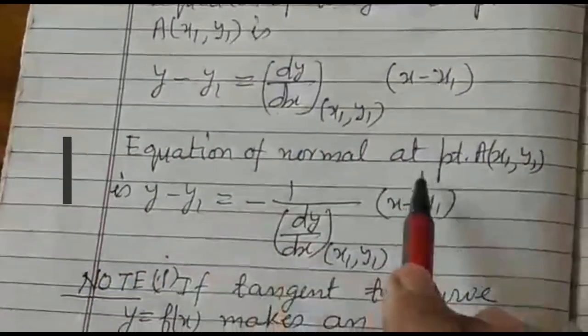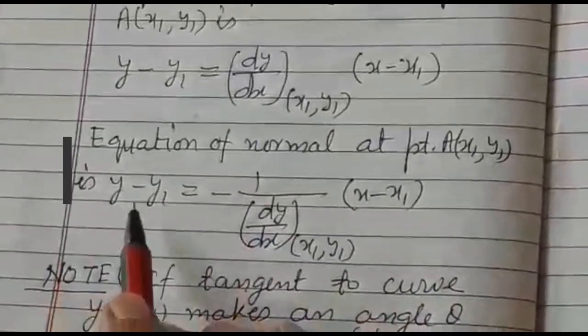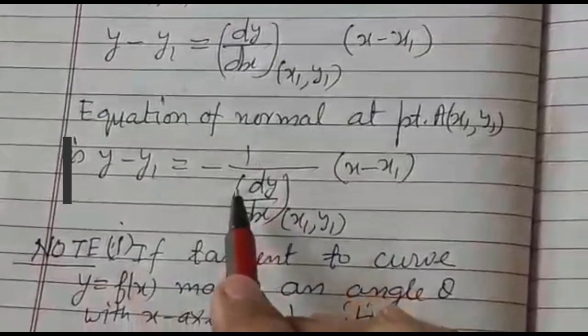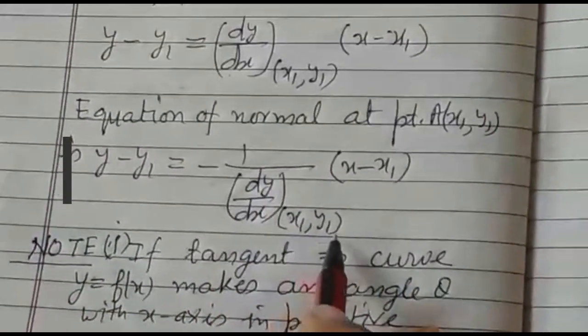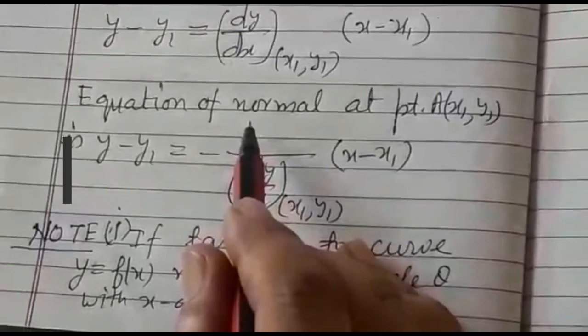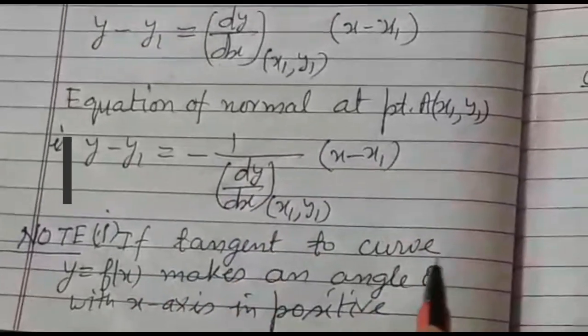Now the equation of the normal at point A (x1, y1) is y minus y1 equals minus 1 upon dy/dx at (x1, y1), because the normal is perpendicular to the tangent, so the slope is minus 1 upon m.